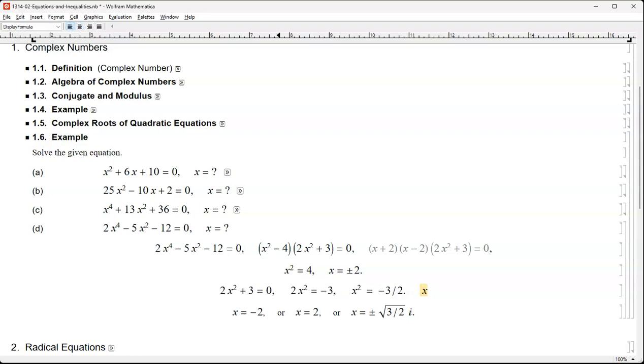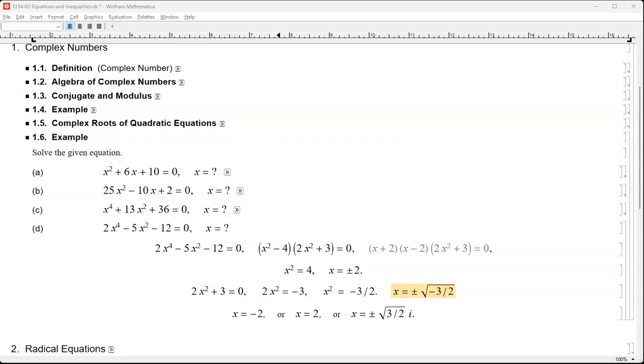So x is plus or minus the square root of negative 3/2, but you can rewrite it as plus or minus the square root of 3/2 times i. So whenever you have the square root of a negative number, change it into the square root of the positive and then put i, and that's the way you can get a complex number.